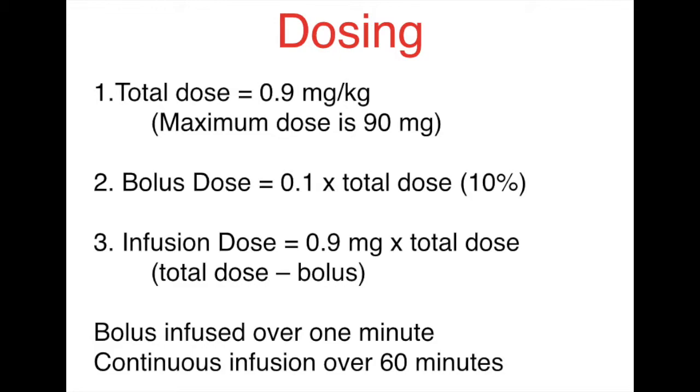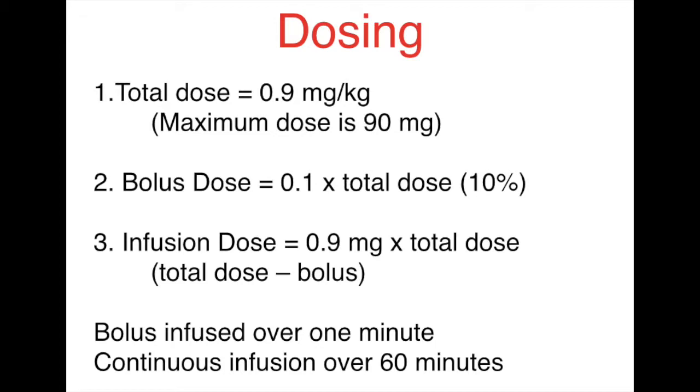So let's review the dosing of TPA. When you mix the water into the powder, the total solution is going to amount to 100 mLs. And it is a 1-to-1, 1 milligram to 1 ml solution, and the maximum dose of TPA is 90 milligrams or 90 mLs.